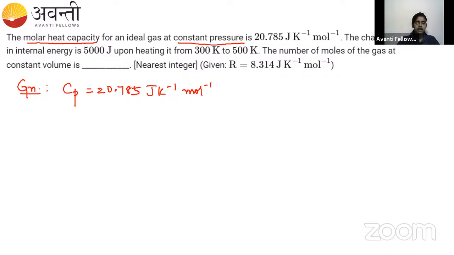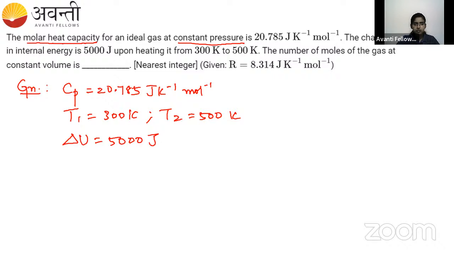Temperatures are also given: the initial temperature T1 is 300 Kelvin and T2 is 500 Kelvin. And the change in internal energy, delta U, is also given as 5000 joule.